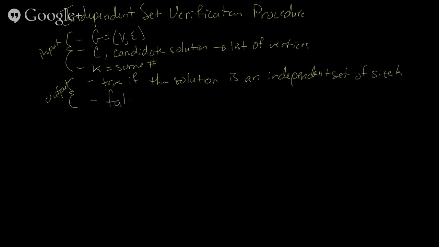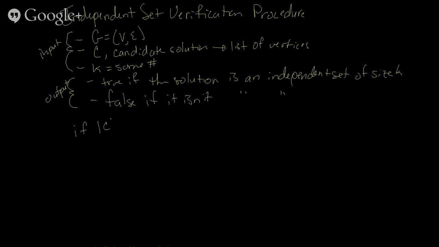And so I don't have to write that down again, I'm just going to say false if it isn't an independent set of size k. All right, so here's what we need to do. First of all, we need to check to make sure that the number of vertices is equal to k. So let's do that first.